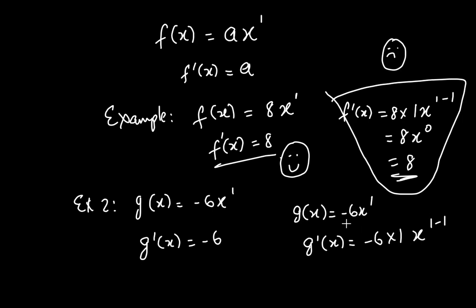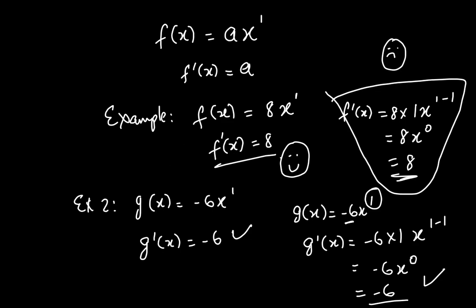Remember, you say whatever is here times the exponent, and then you say the exponent minus 1. So you would have -6x to the power of 0, which is still -6. So you can do it like this, or you can go like that. You will see which one works for you.